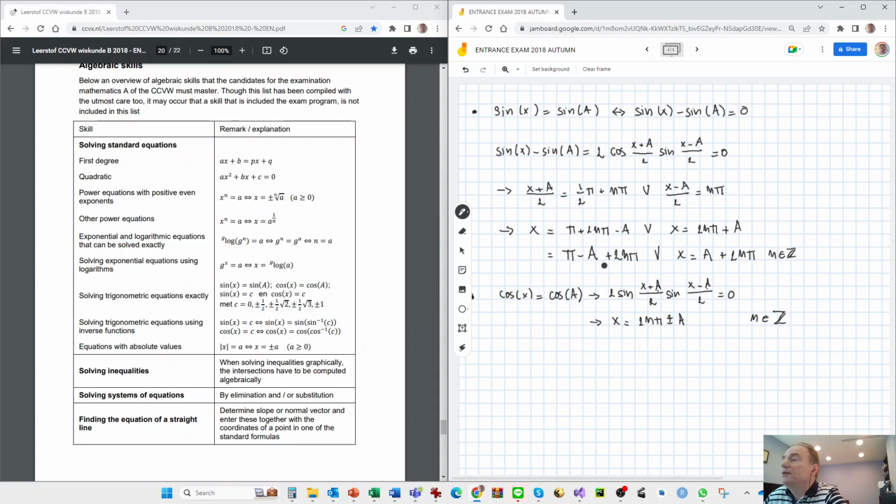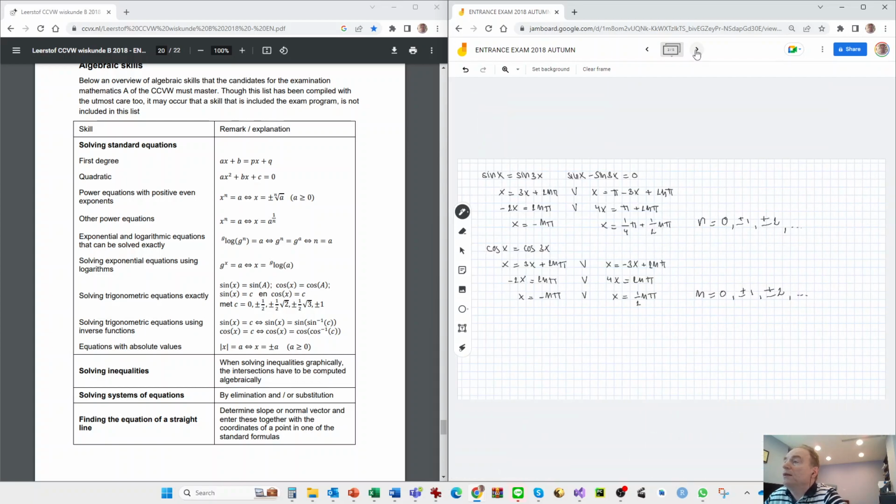And this one you would easily forget, and probably some points will be discounted. With the cosine, it's similar, but a little bit different. Again, you can do kind of the same derivation. You basically get x is plus or minus a, and then plus 2n pi.